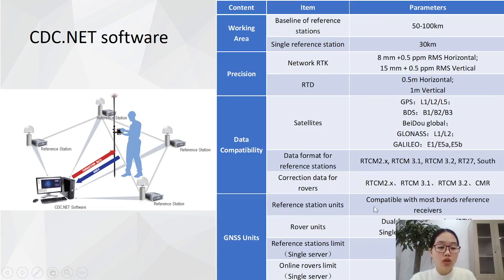Also most brands of rover receivers. And next, the reference stations limit for a single server. You can add 200 reference stations to CDCnet for a single server, and the online rover limit is 10,000.